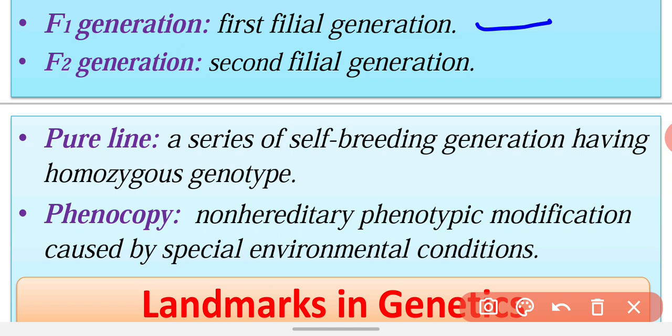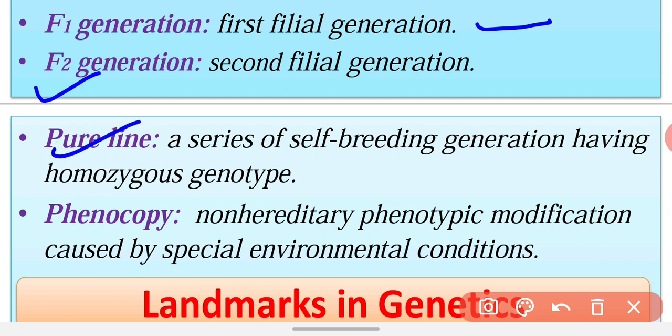That means the generation of hybrids obtained from a cross between two genetically different parents. Second one is the F2 generation. It is also known as the second filial generation. That means individuals obtained from the breeding of hybrids of F1.